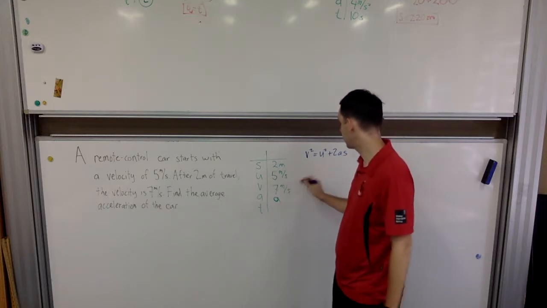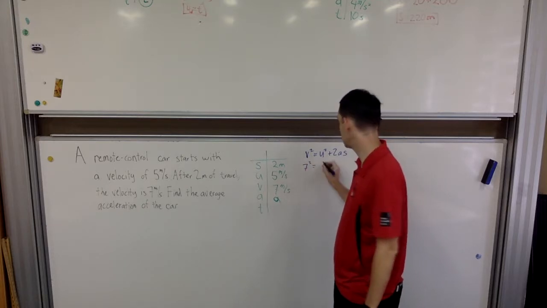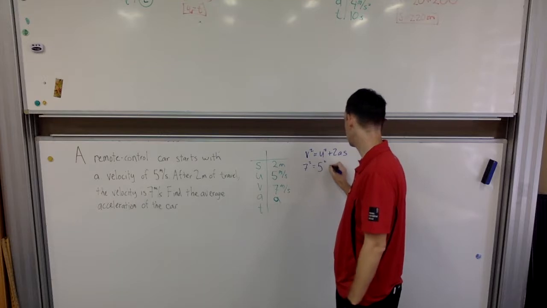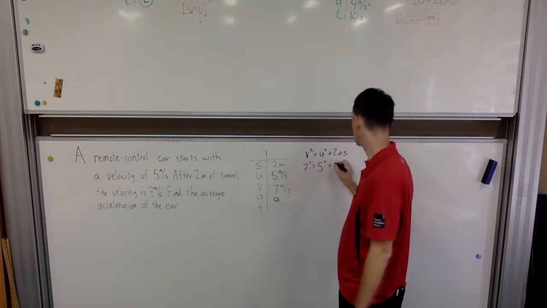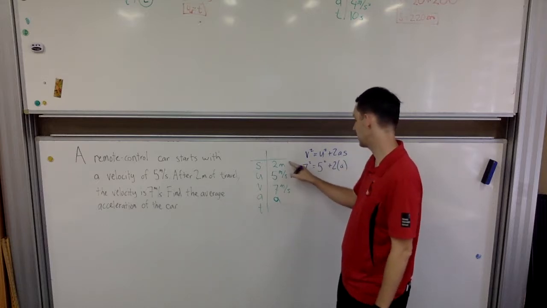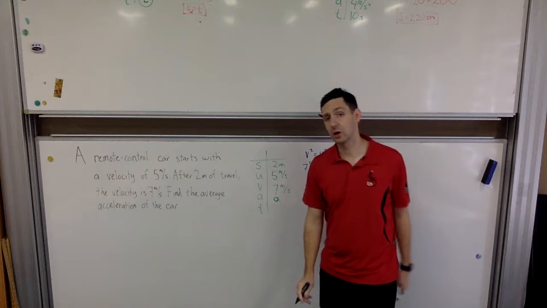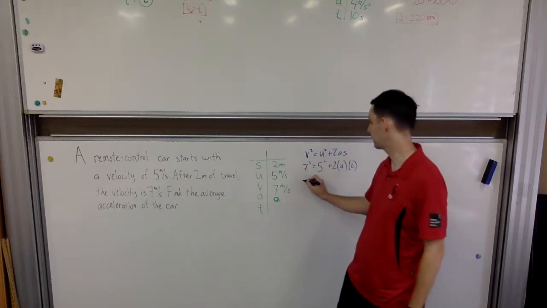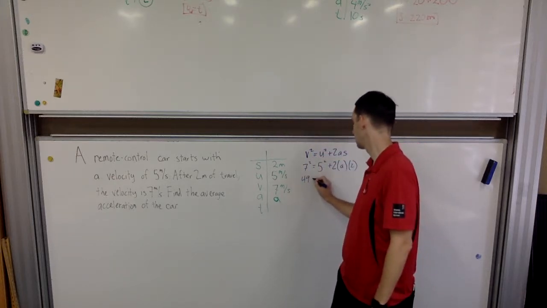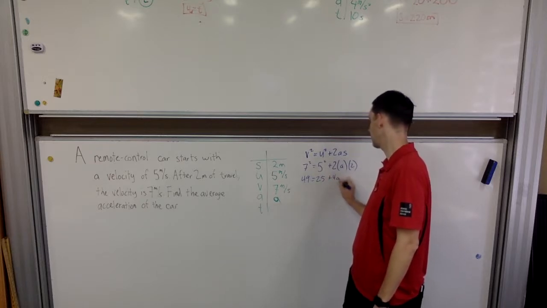So I throw in my V, which is 7. So 7 squared equals U, which is 5, squared, plus 2 times the acceleration times S. And from here, you should be able to solve. So we've got 49 equals 25 plus 4A.